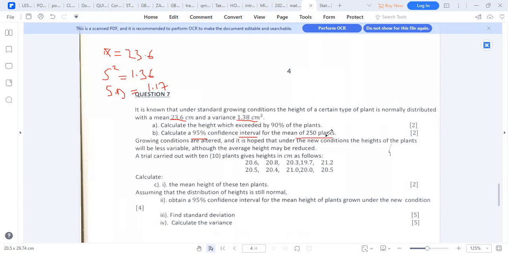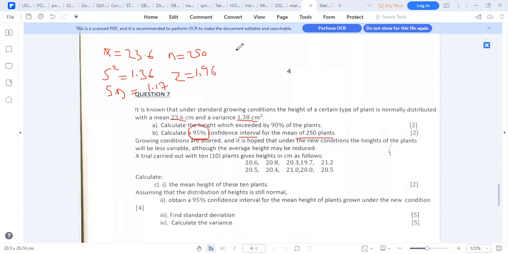So what is this 250 standing for? N. N, good. So N here is 250. Can somebody tell me what's the formula for the confidence interval? And at 95%, what is our Z? 1.96. Good, 1.96.